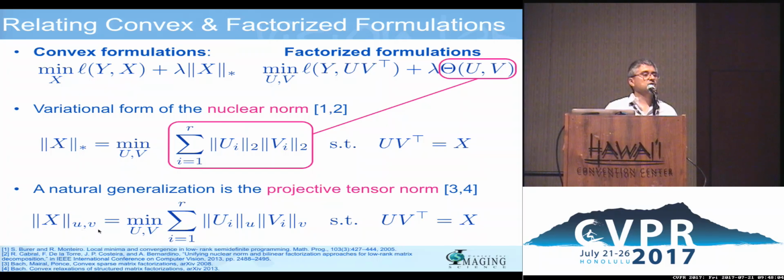But this is the gist of everything and what I want you to stick in your mind: a convex function on the product is equal to the minimization of a non-convex thing on the factors. That's what this says.